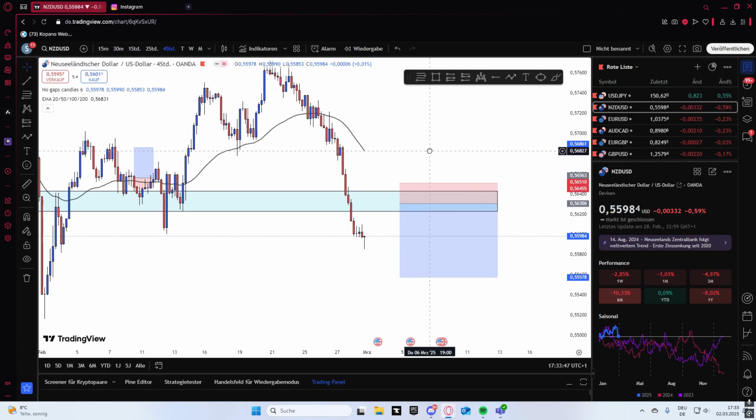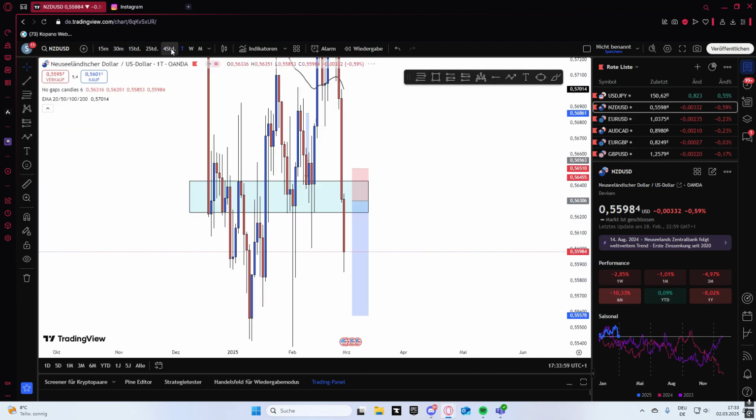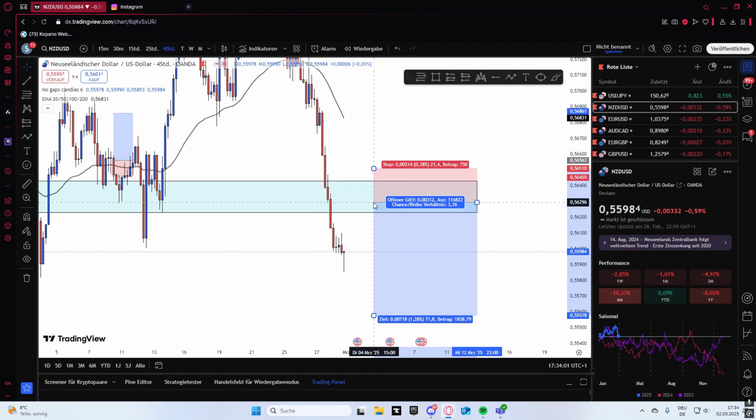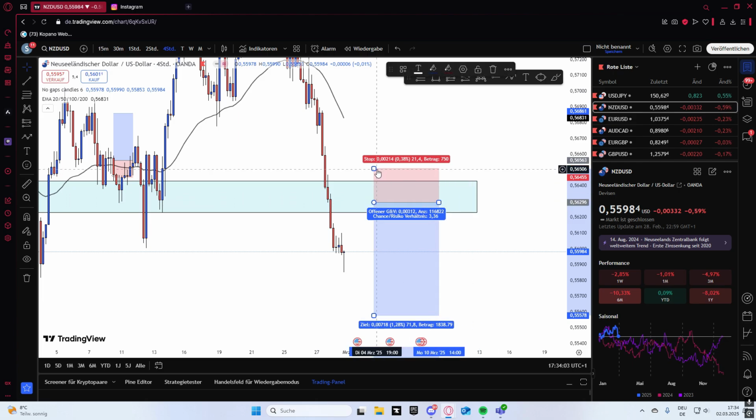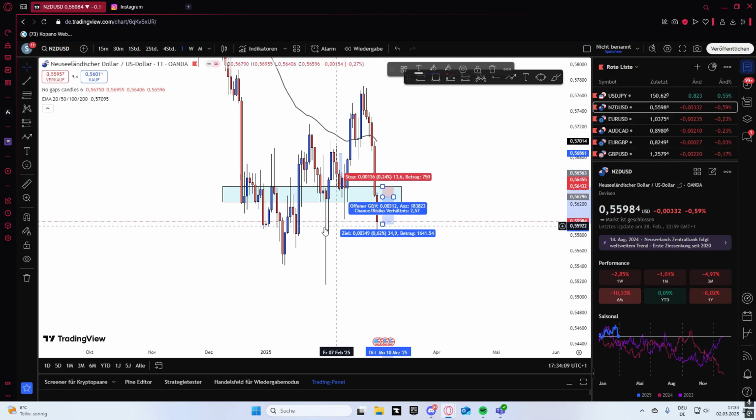So all I wait for here is the price comes back, as always, gives me a shift of structure on the lower time frames and an engulfing to then enter the trade. My stop loss and my entries depend on wherever structure is, and my take profit will be right around here.